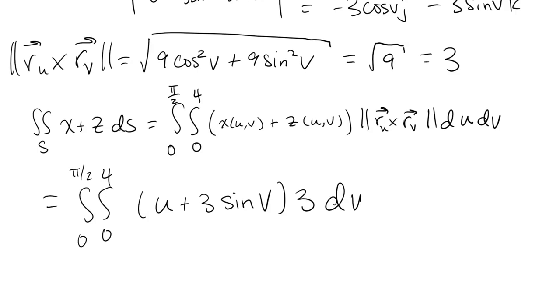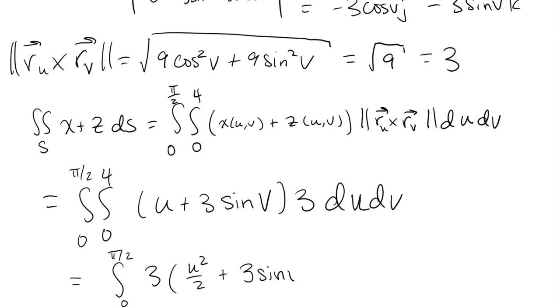So then this is du dv. So then we're going to end up with the integral 0 to pi over 2 of 3 times u. When we integrate, we'll go to u squared over 2, and then plus 3 sine v is all a constant, so then it's just going to be times u. We'll evaluate that from 0 to 4.